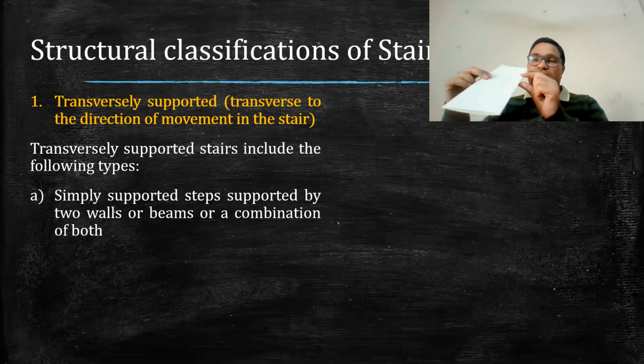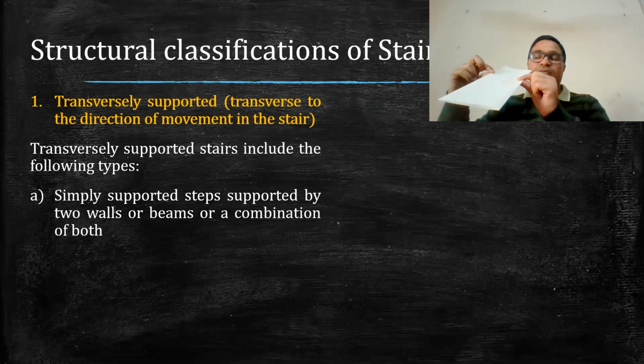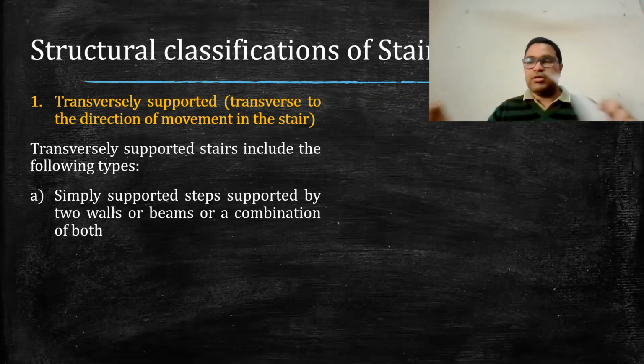Or what is the other option? Other option is one wall will be here and on the other end, we may provide a beam. So that is a combination. Or if we provide beam on both ends, that may also be a combination.